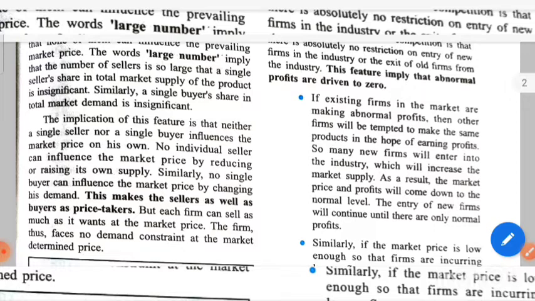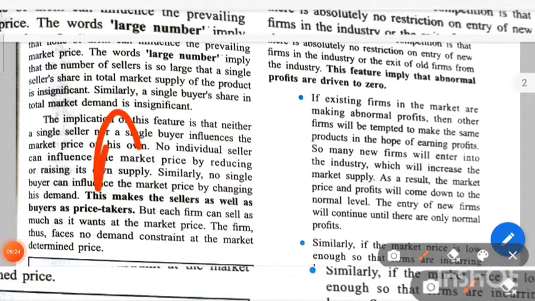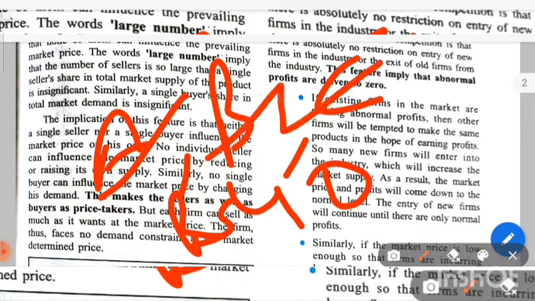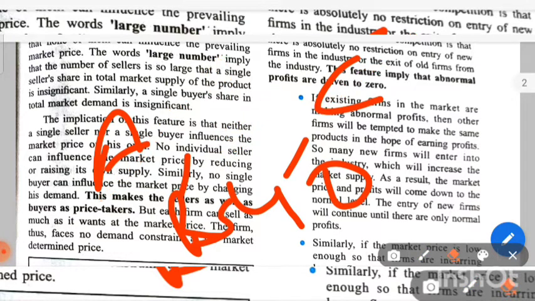So just to avoid this, they are price takers, meaning each seller does not decide the price alone. The sellers decide together what price they will charge. For example, A, B and C decide that they will charge 40 rupees. So all of them will charge 40 rupees for bathing soap.